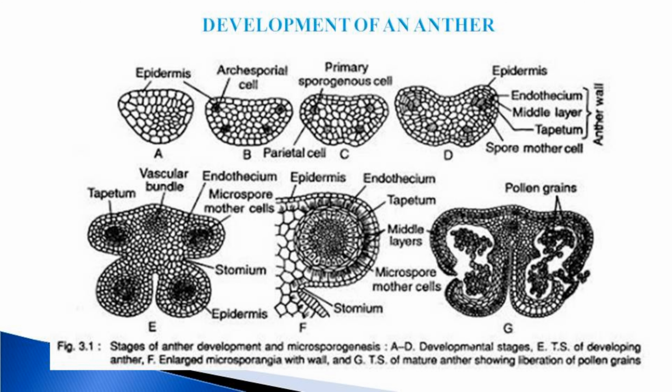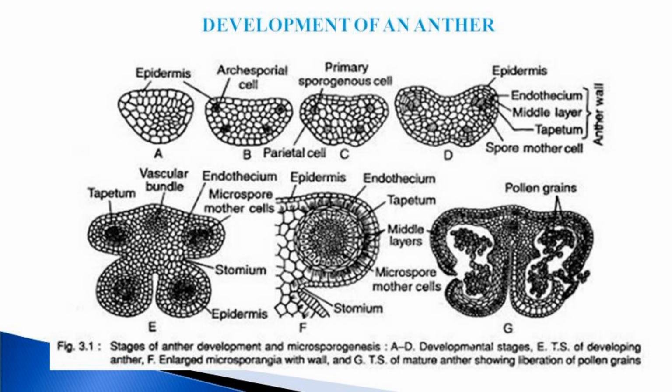You can see two types of divisions here: primary sporogenous cells and primary parietal cells. Parietal cells divide outwards towards the epidermis, and sporogenous cells divide towards the inner region. And those cells which are moving towards outside, primary parietal cells, they will undergo again and again anticlinal and periclinal divisions, and they will form the wall of the anther.